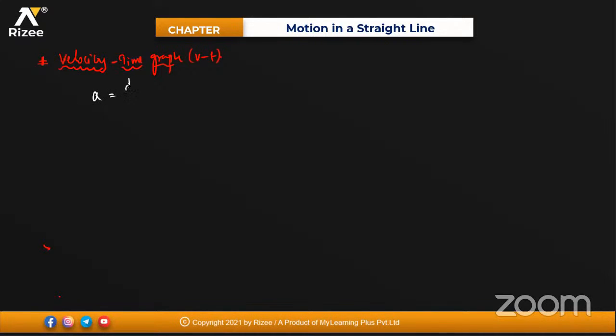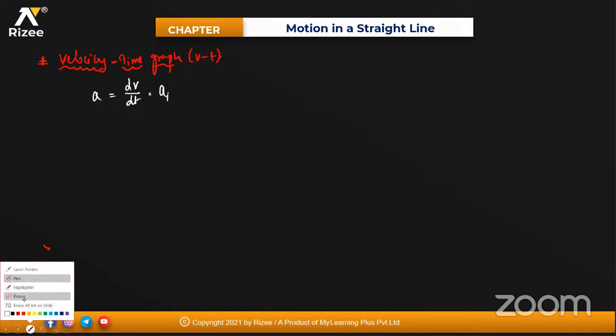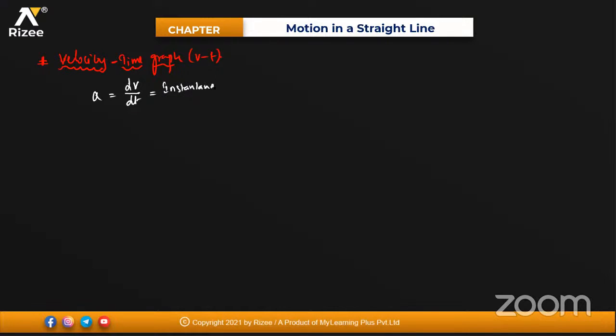Acceleration. a = dv/dt. That will be giving me what type of acceleration? Instantaneous acceleration. Okay. a = dv/dt will give me what? Instantaneous acceleration. Again, same condition.